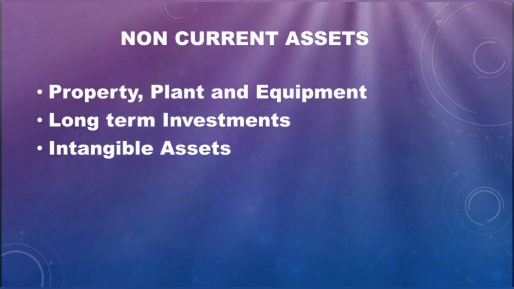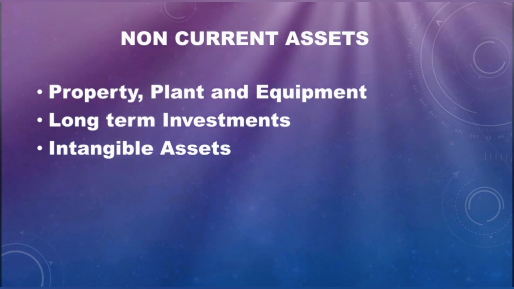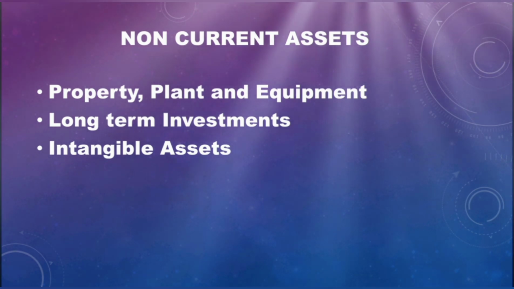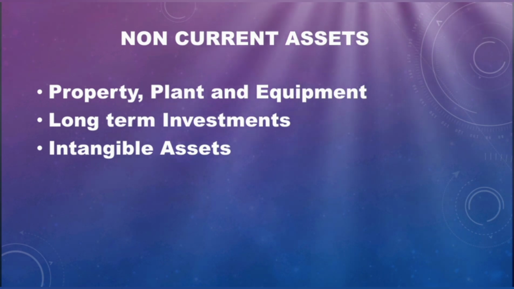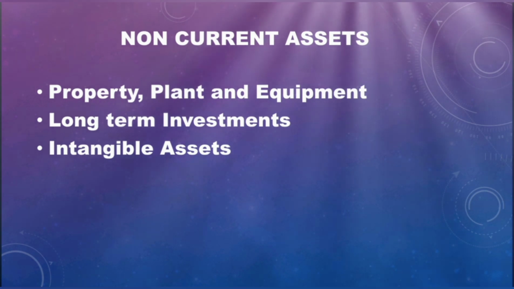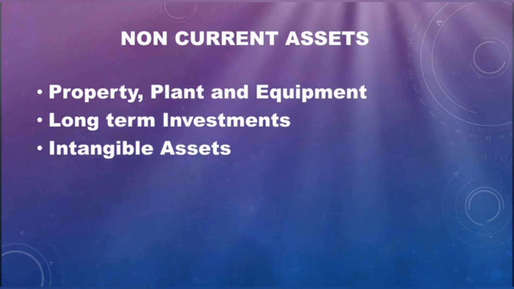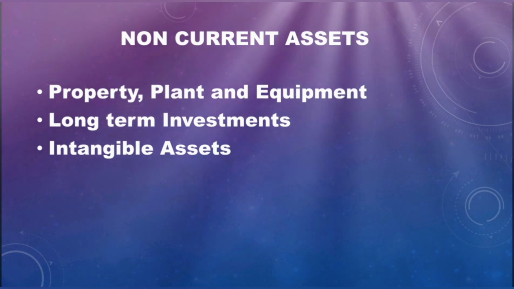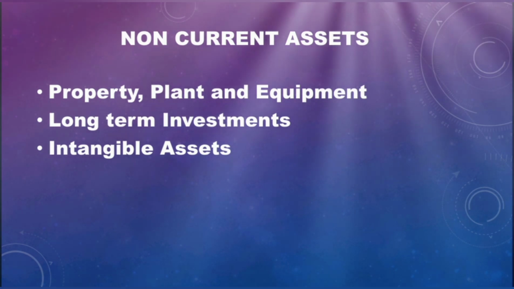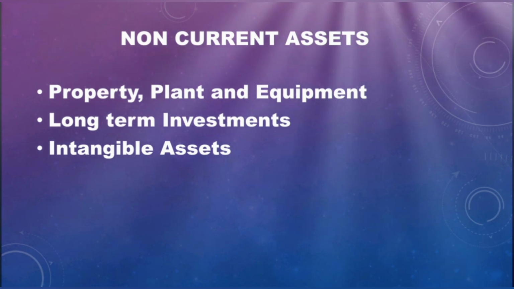Okay, next, accounts which belong to non-current assets. First, we have property, plant, and equipment. Then, long-term investment. Then, intangible assets. Property, plant, and equipment are long-lived assets which have been acquired for use in the operations.